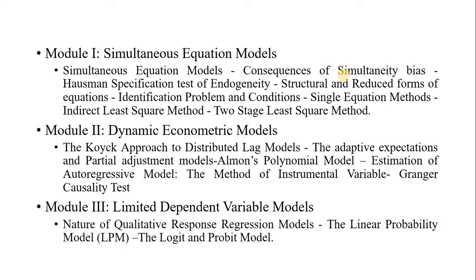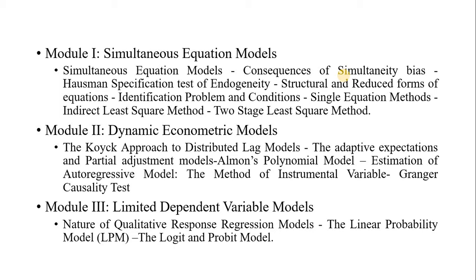In the third chapter, in the last semester, we discussed in detail the dummy variable regression model. When we discussed the dummy variable regression model, we considered only one type of model, where the independent variable is in dummy format, not the dependent variable.